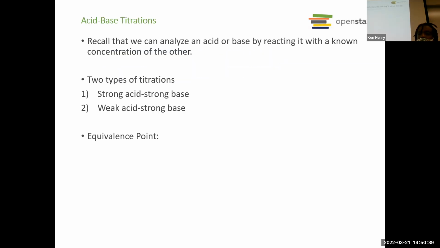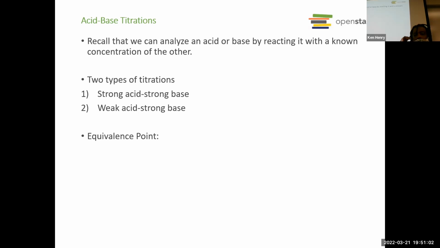One type is when you have a strong acid and a strong base, or you have a weak acid and a strong base. Those are the two typical types of titrations. Now, technically, you could go the other way around, where you have a strong acid and a weak base as well.